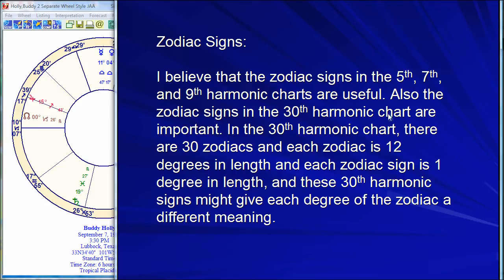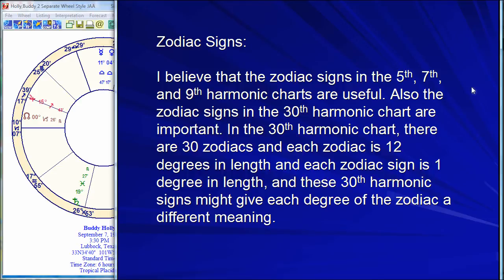Also, this is maybe a little outside the range of what most people would be willing to entertain, but I believe that the signs in the 30th harmonic chart are important. In the 30th harmonic chart, there are 30 zodiacs. Each zodiac is 12 degrees, and each zodiac sign is 1 degree. So you get a zodiac sign that's 1 degree in length, and I did a lot of research on this many, many years ago, way back in the 70s, that showed that the books that give degree meanings have strong correlations to these 30th harmonic signs.